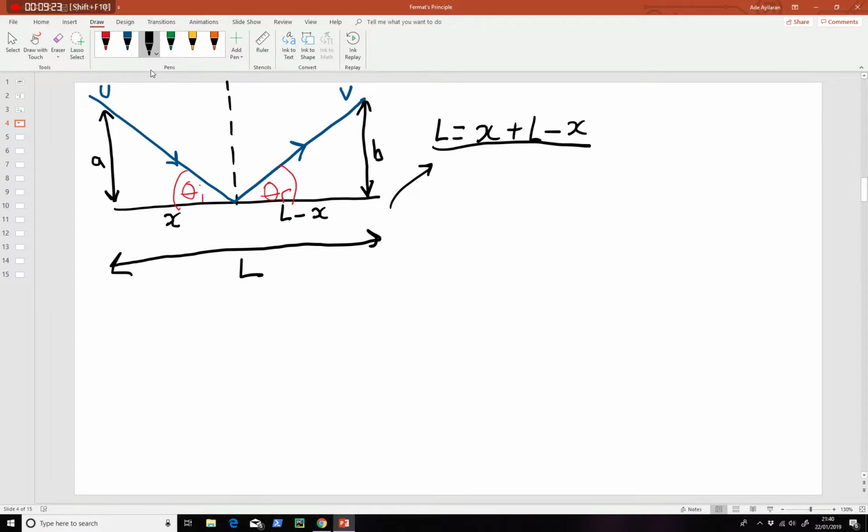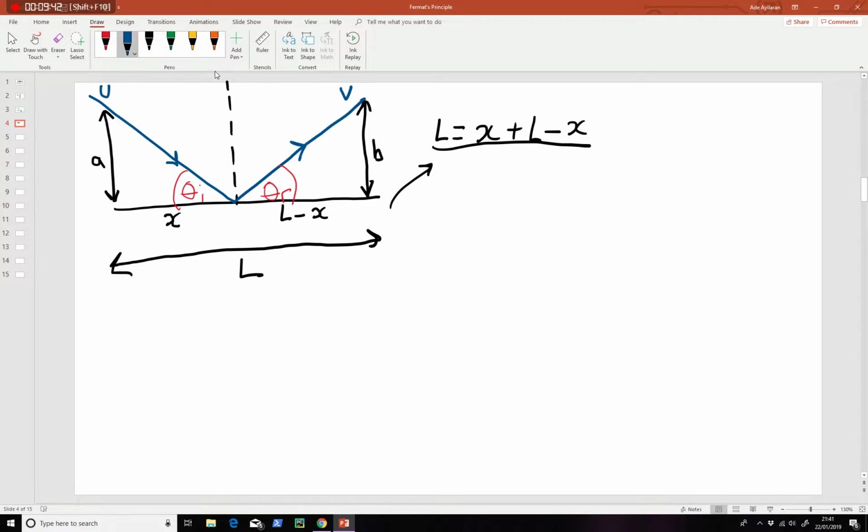So what we are going to do first of all is write a mathematical expression for the total length, the resultant length that the ray of light is traveling. And in order to do that, we need to use trigonometry.